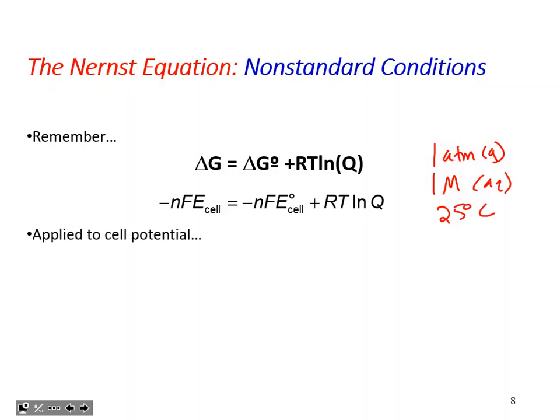As you can see here, it eventually cancels down to the non-standard E cell, which is equal to the standard E cell minus RT over nF times ln Q. So all of that rearranges, and you end up with this way of expressing the Nernst equation.